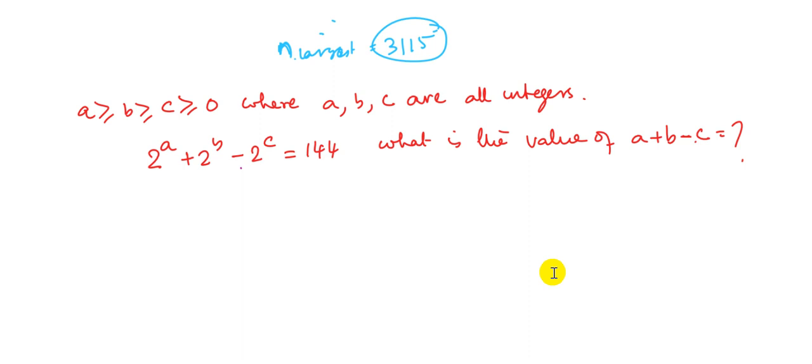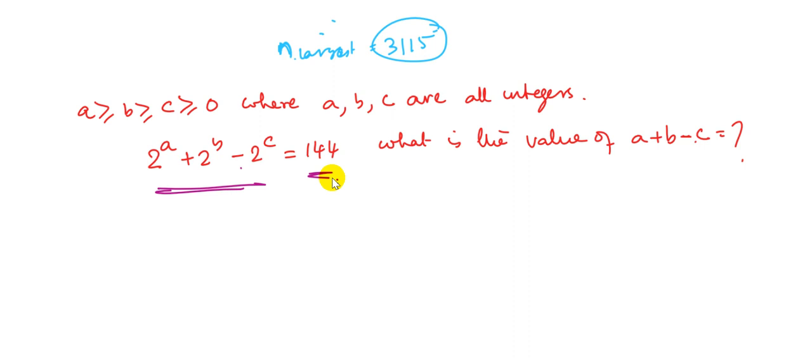Moreover, by looking at the problem, you should understand that in order to find a plus b minus c, you have to individually find the values of a, b and c. Now you have to look at two sides of the equation.